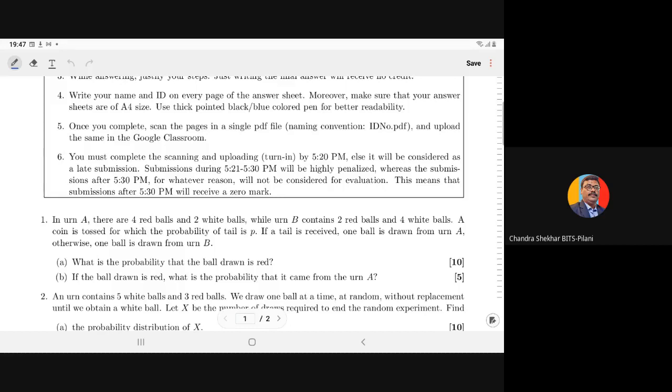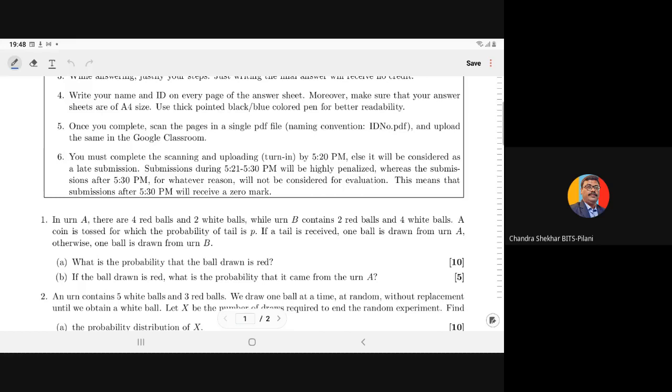If a tail is received, one ball is drawn from urn A. Otherwise, one ball is drawn from urn B. From the given information, you have to compute the following things. In part A, what is the probability that the ball drawn is red? And in part B, if the ball drawn is red, what is the probability that it comes from urn A?